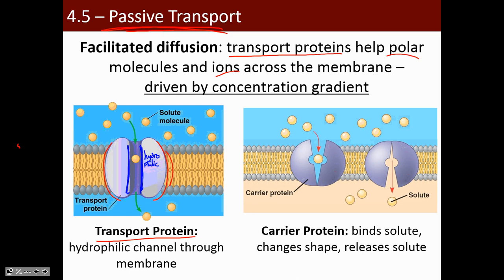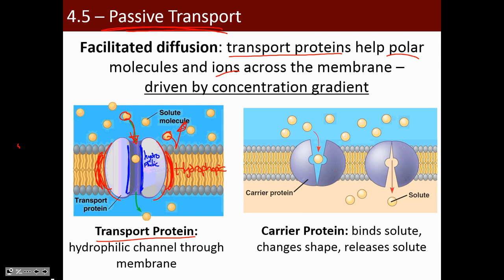Even though this out here is hydrophobic. So if this little molecule tries to go through here, it's going to be rejected and can't get through the membrane. But if it tries to go through here, it can go through the hydrophilic channel to the other side. Okay. So that's a transport protein.